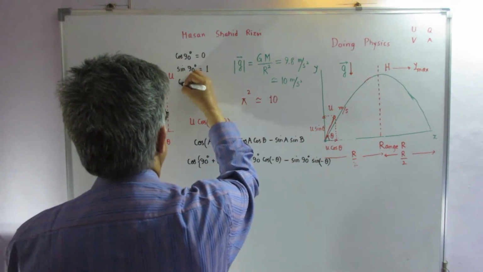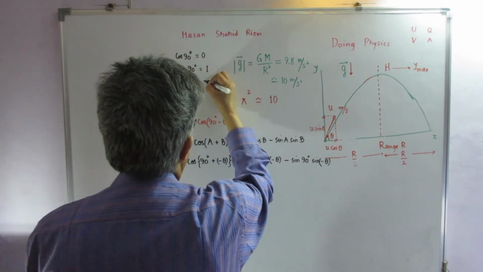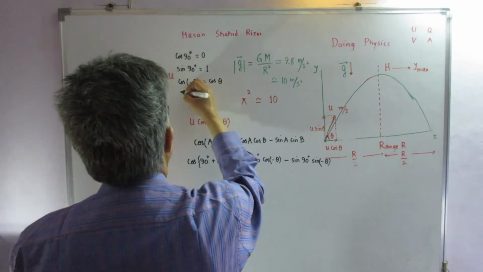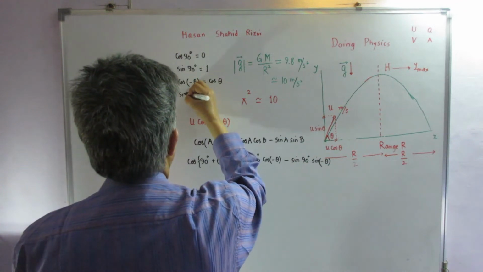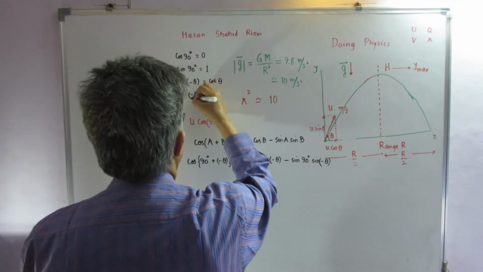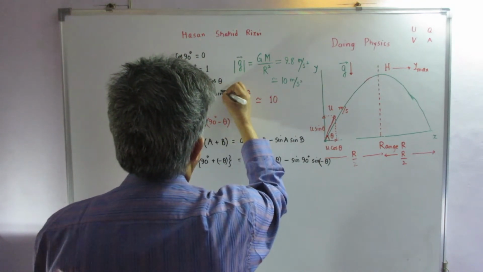Cos of minus theta is equal to cos theta, as I explained to you, and you can go back to the lecture if you like. Sine of minus theta is equal to minus sine theta.